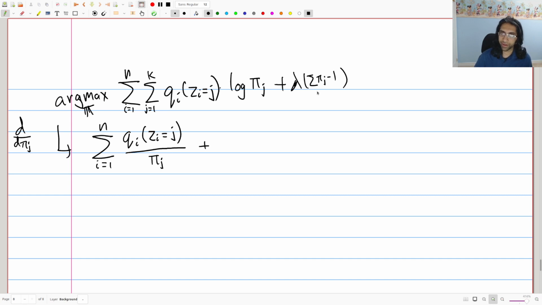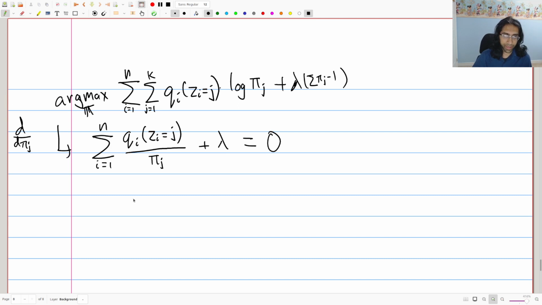plus lambda, since most of these terms will become 0 when you take a derivative, except for the term which is indexed by j. That'll just become a 1. And then we set it equal to 0.